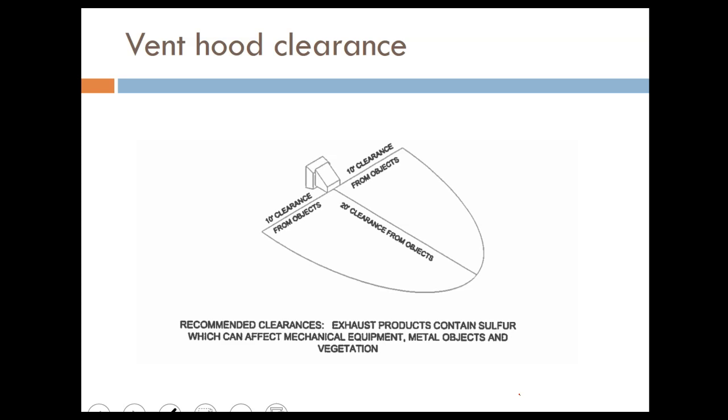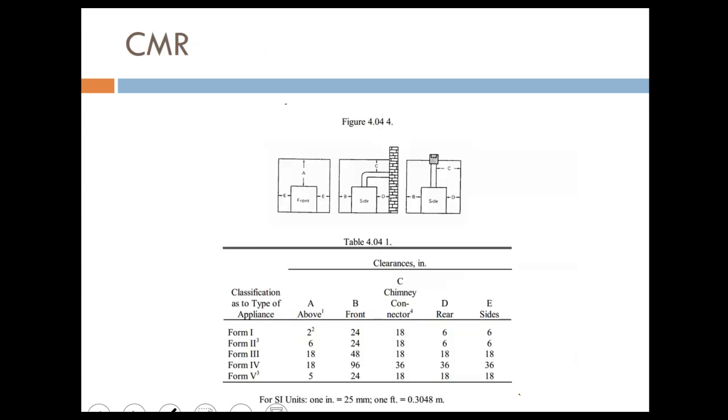More distances and clearances for vents and vent hoods, and this is actually from the CMR, and it addresses the clearances of the boiler from the walls, based on the chimney and distances. So look at this. If you look at this D, these are the forms, the types of the appliances.